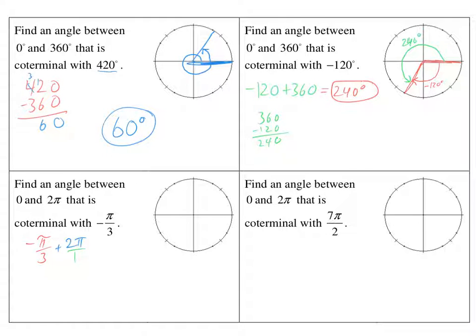So I'm going to put a 1 down here, and multiply top and bottom by 3. The reason is I want the denominator to be the same for both pieces. When I do that, I now have negative pi over 3 plus 2 times 3, which is 6 pi over 3. So 2 pi is the same as 6 pi over 3. Now can you add the tops and get 5 pi over 3?